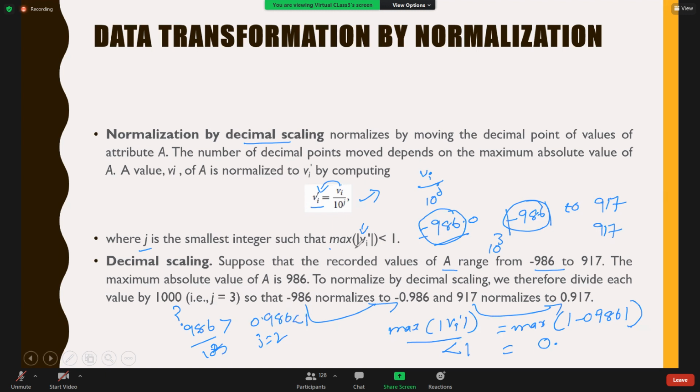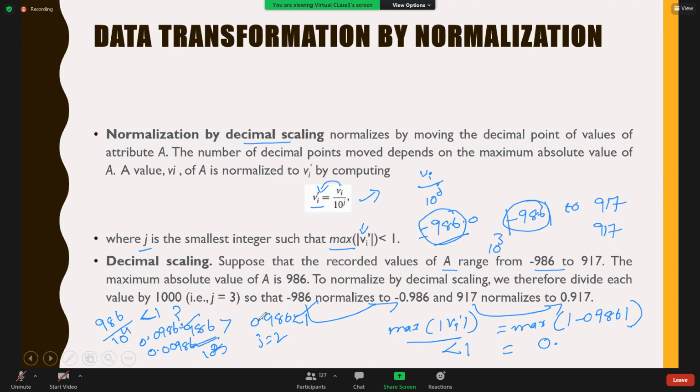Why we say this as maximum is, even we can divide 986 by 10 power 4. The value will be less than 1, isn't it? If you divide 986 with 10 power 4, then you will be getting 0.0986. If you divide with 10 power 5, you get 0.00986. So among all these, which is the maximum one?